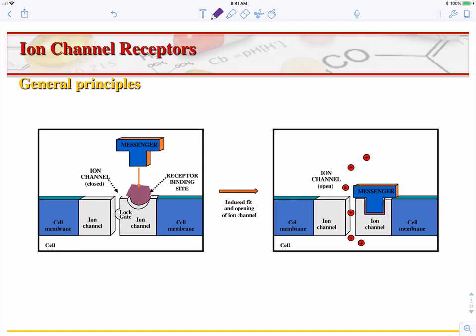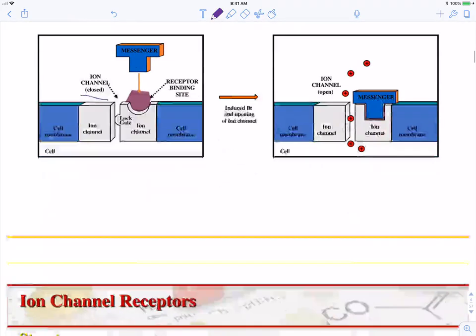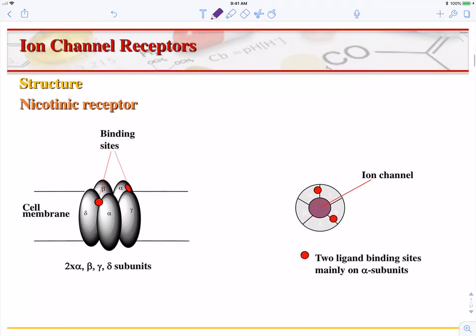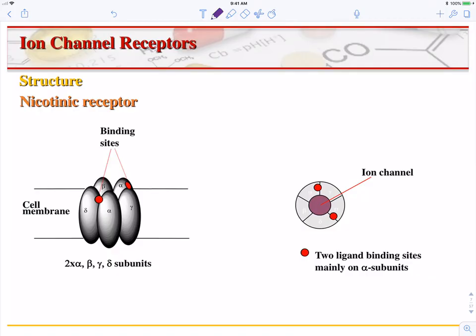What happens is that normally in the resting state, the ion channel is closed, and then upon binding to a messenger, which is located typically close to the opening of the channel, we have a rearrangement of the channel, opening of the ion channel, and then basically passage of the ions. One example of that is the nicotinic receptor.